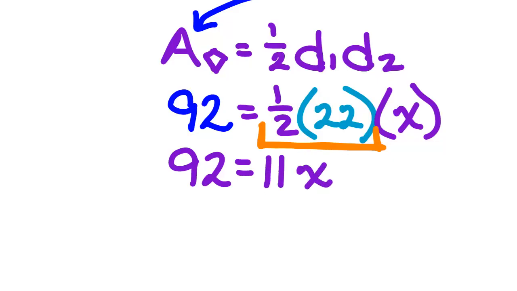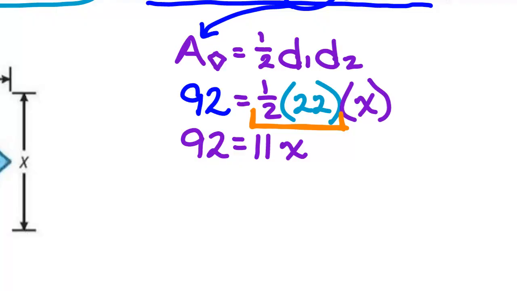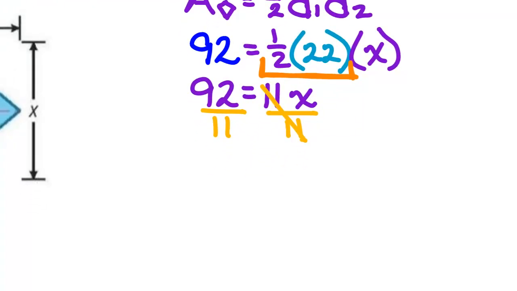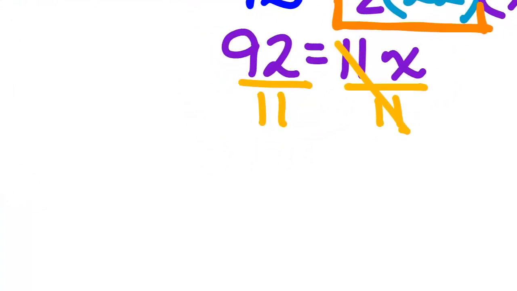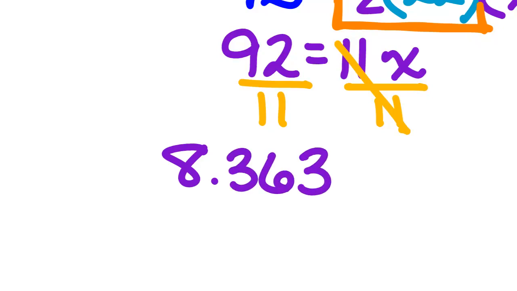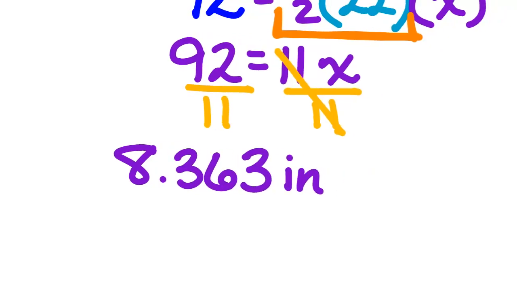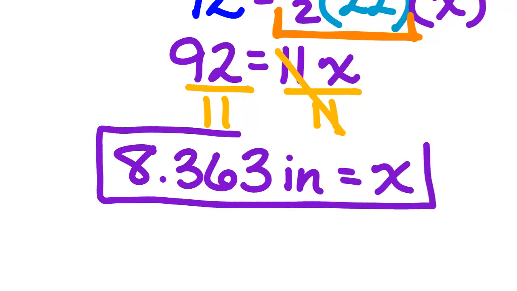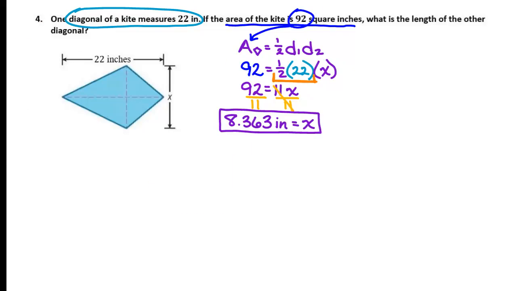So 92 equals 11x. And then we divide both sides by 11. What do we get? 8.363 inches for our other diagonal. Nicely done.